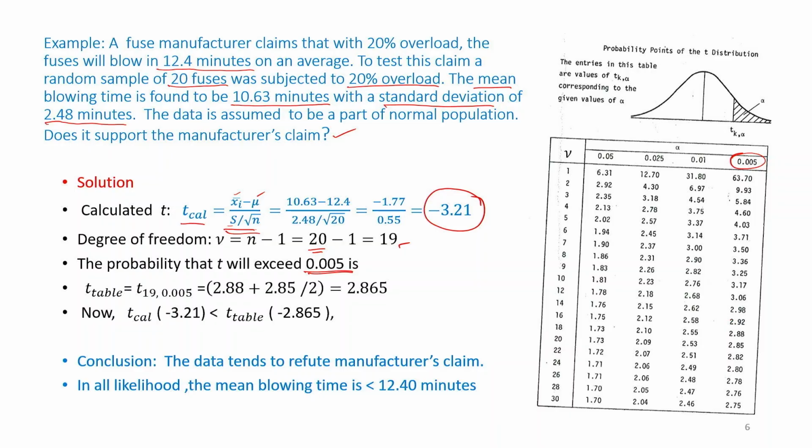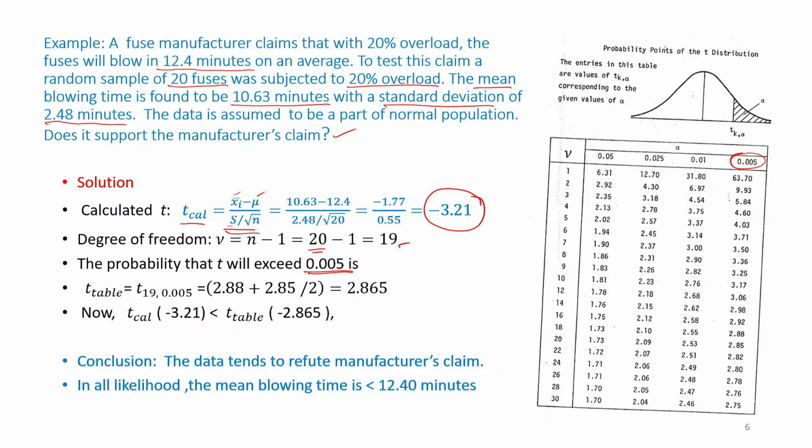So the table value of T has to be compared with the calculated value of T. Which one is greater, that we need to know. So we first try to find out for alpha 0.005 what is the value of T. For degrees of freedom, how much?